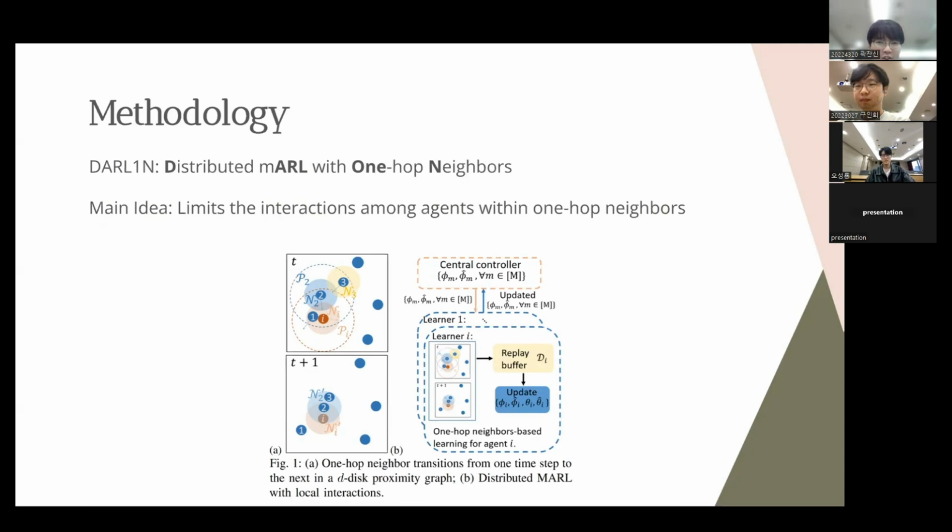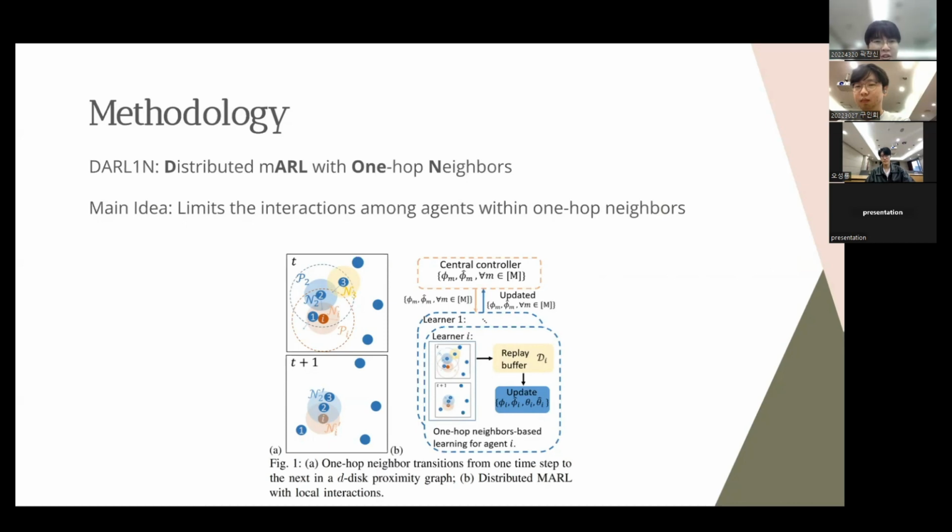The simplified procedure is described in Figure 1a. At each time t, each agent calculates its one-hop neighbor set Ni and also considers potential neighbors Pi to describe the next time step's one-hop neighbor set, and they only consider interactions among these neighbors. Also, they additionally adopt a distributed training framework with a replay buffer.